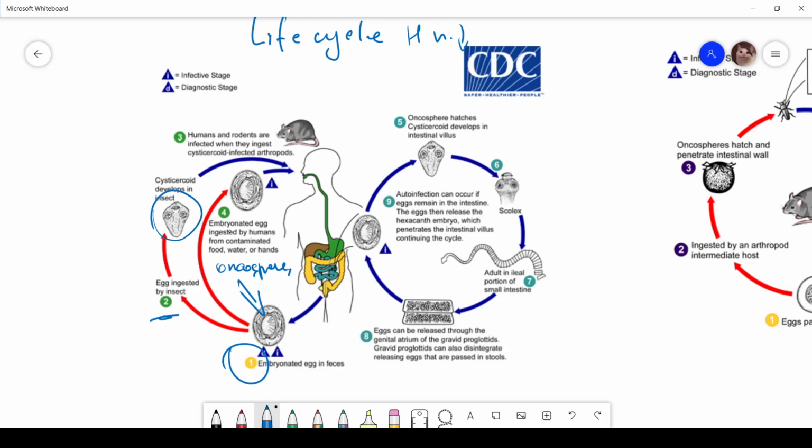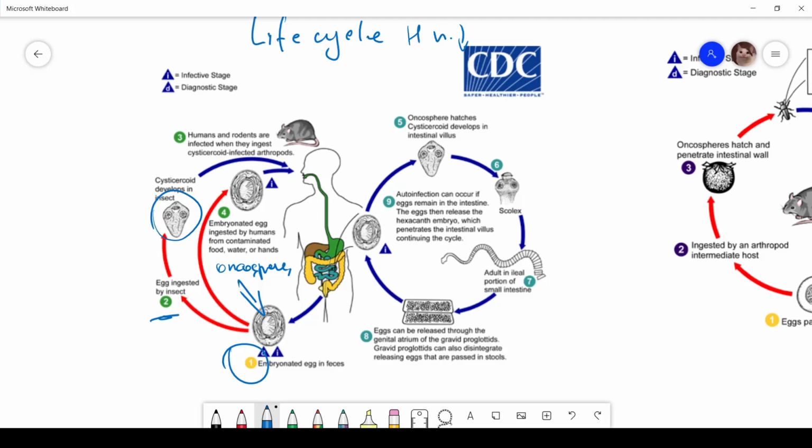Upon rupture of the villus, the cysticercoids return to the intestinal lumen, evaginate their scolexes, attach to the intestinal mucosa, and develop into adults that reside in the ileal portion of the small intestine, producing gravid proglottids.